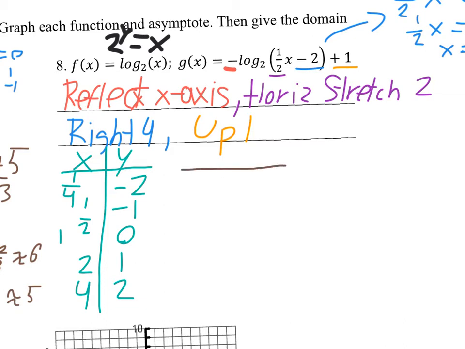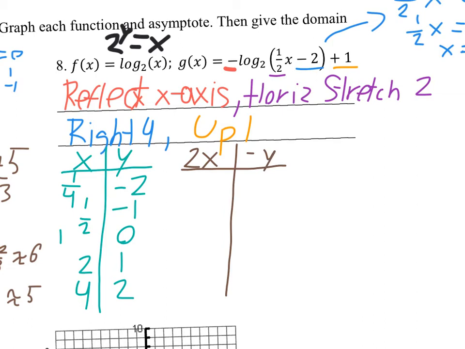After our parent function setup, we have our multiplication division. Well, we have a horizontal stretch of 2, so 2 on the x, and we're flipping this over the x-axis, so that's a negative on that y.